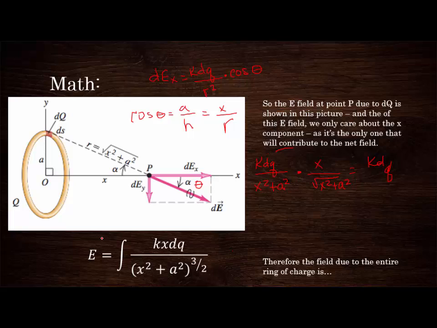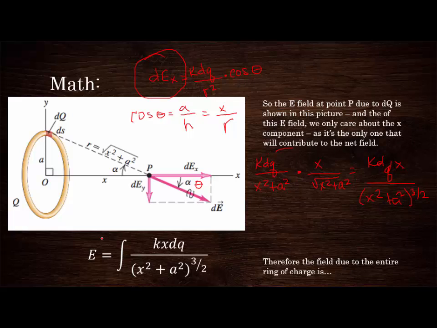I'll have to handwrite it. k dq x over, now this is to the power of 1, right? And this is to the power of 1/2. So add those together, you get x squared plus a squared to the power of 3/2. And all of that equals dEx.